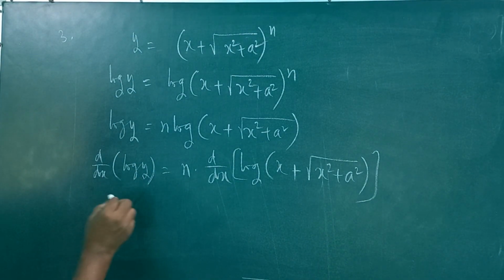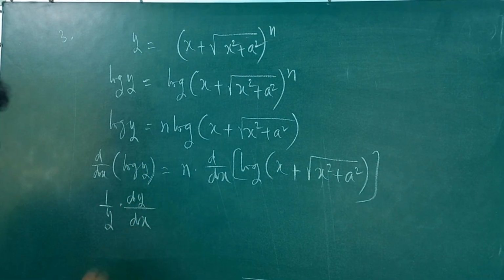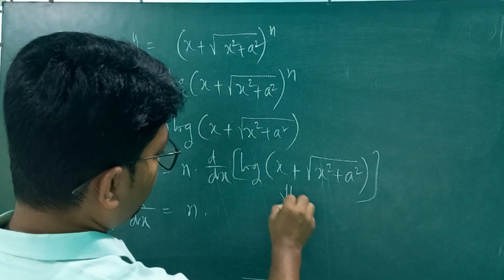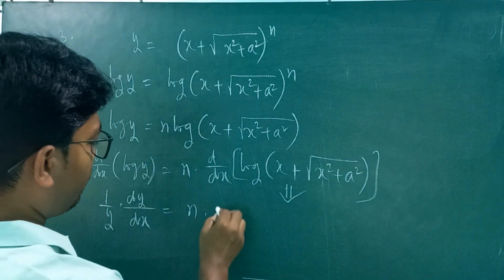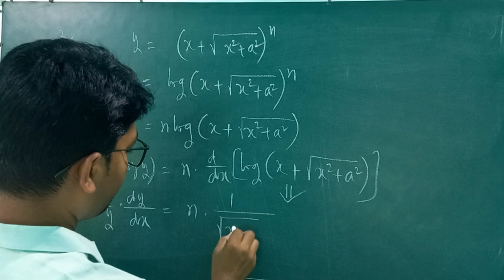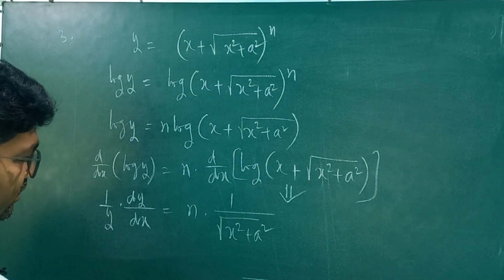The derivative of log y is 1 by y, but this is a function of x, so by the chain rule we have to multiply dy/dx as a multiple. Now from the previous problem, the derivative of this function is 1 by root over x square plus a square. So what is dy/dx?